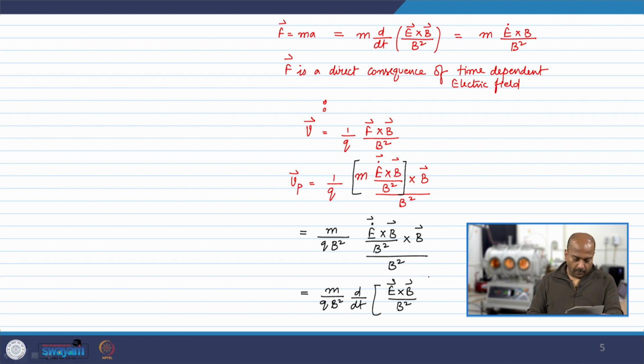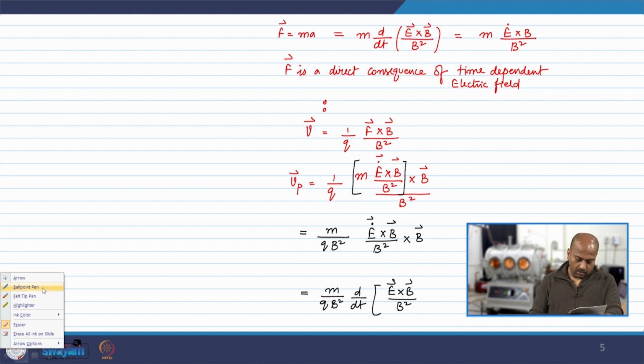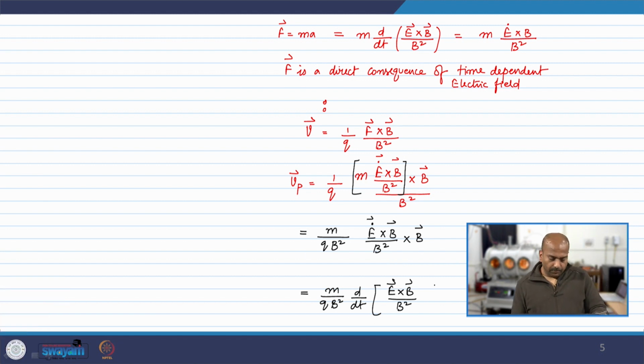There should be only one B square here. So, this is already there, E cross B by B square cross B. So, this is the polarization drift. We will stop here and take this discussion ahead in the next lecture.